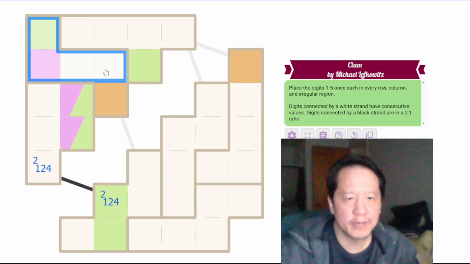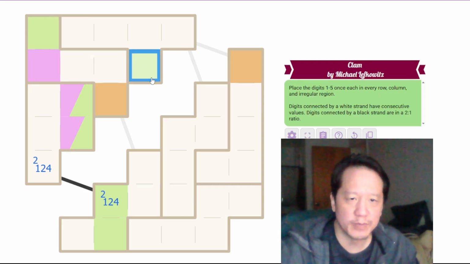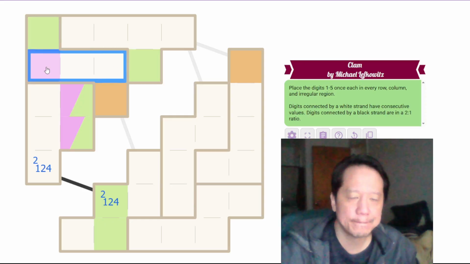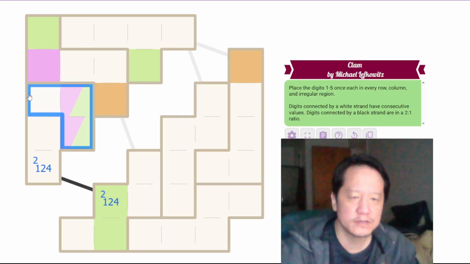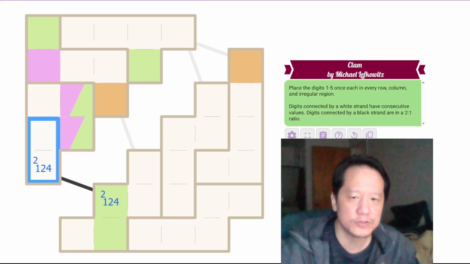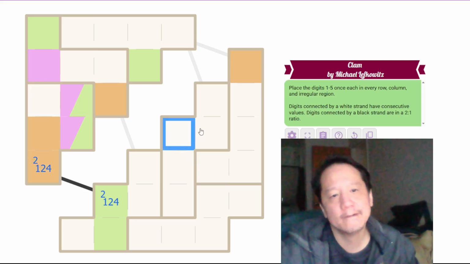Right, because it can't match any of these, because green is here, matches that. And this is a different digit than that. So it can't be here, it must be here. This digit then cannot be any of these, because this is pink and green. This can't be orange, so orange is one of those two.